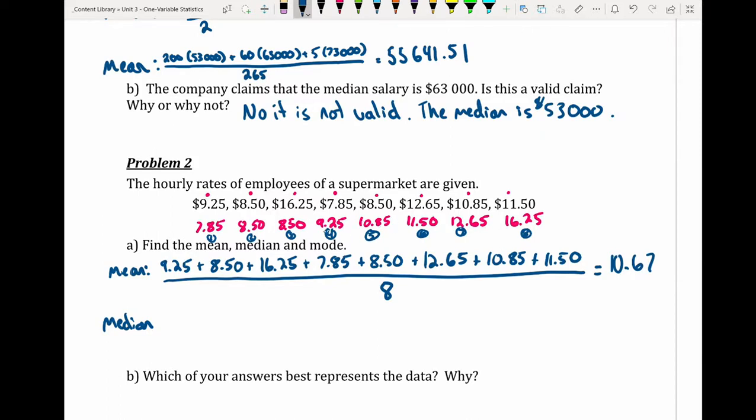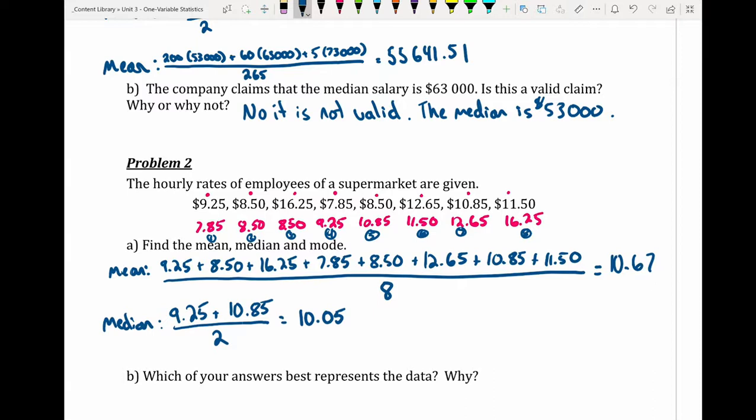So what we have to do is take the average of these 2 middle numbers. So for my median, I have to do 9.25 plus 10.85 and divide it by 2, which will give me a median value of 10.05.